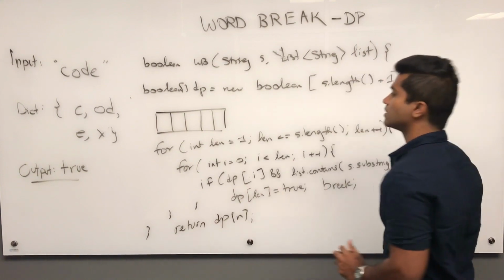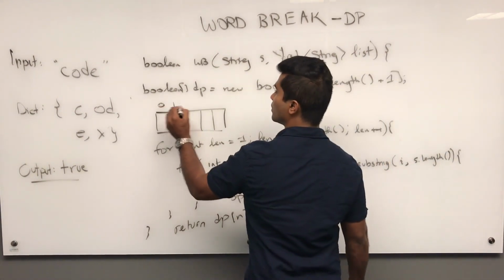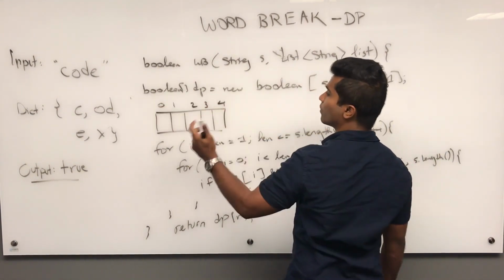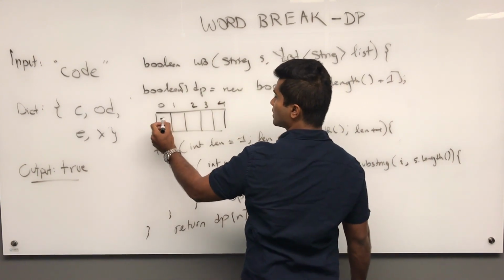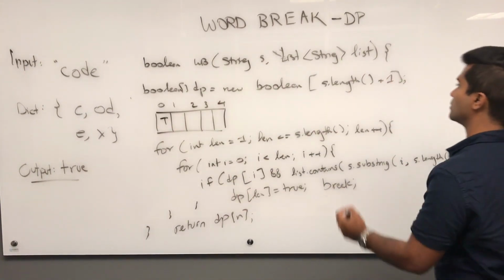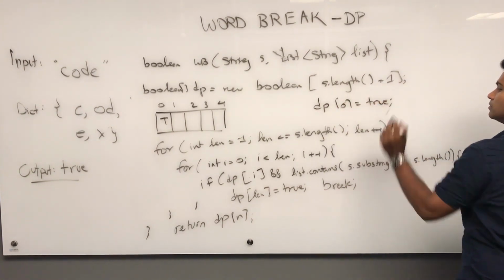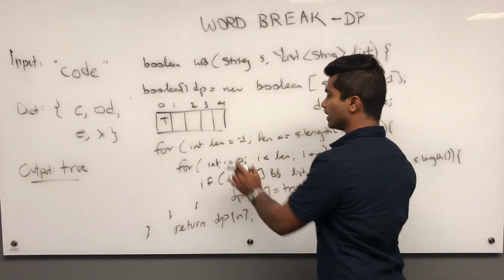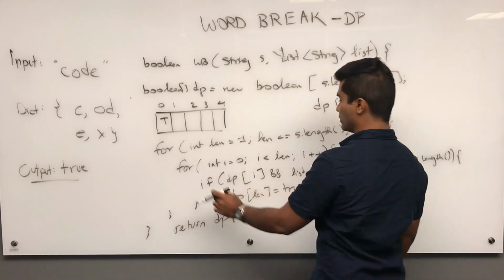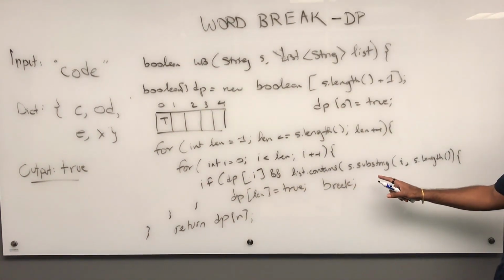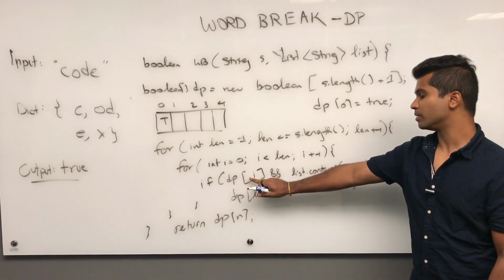So let's see what this looks like. Now this is 0, 1, 2, 3, 4. For that word like code, the base case is always going to be true, so we need to write that as well. So I'll say dp of 0 is true. Now when length is 1, i is 0, and we say substring from dp of 0 is true, right?